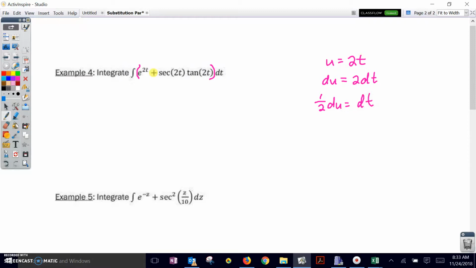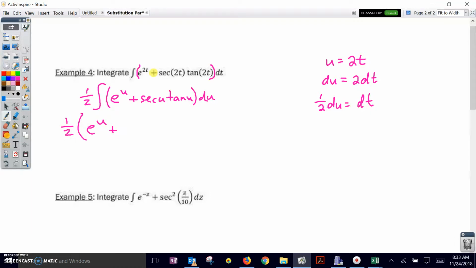And so, by making my replacement, I have 1/2, a constant multiple I can bring out in front, times the integral of e to the u plus the secant of u tangent of u du. Alright, and now I can take this integral term by term. The integral of e to the u is e to the u.